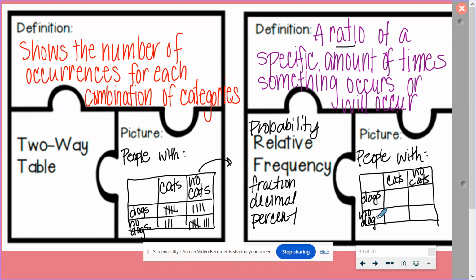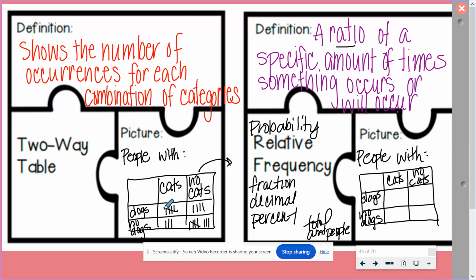Now, when you calculate relative frequency, it can be based on the total number of people that you observed, or it could be based on those that just had cats, or it could be based on those that didn't have cats. It could be based on those that had just dogs and those that didn't have dogs. But in this case, we're going to do our relative frequency on the total amount of people. So that's going to be important, and you'll understand more about that in the examples that we do in class.